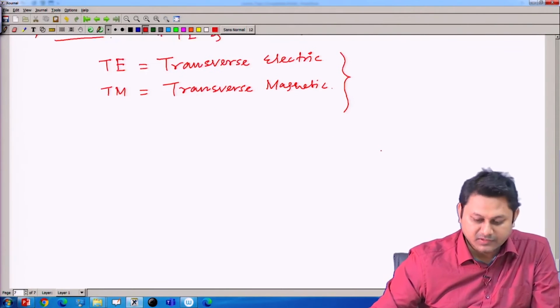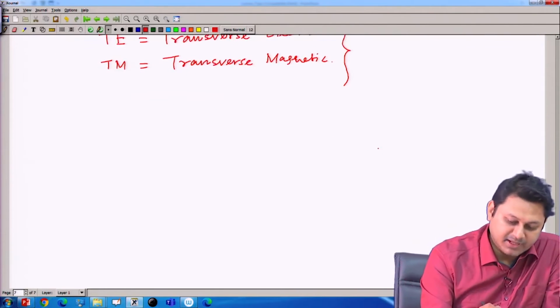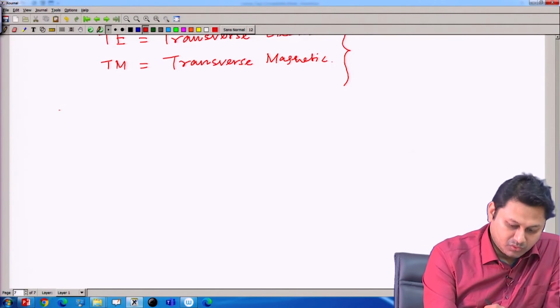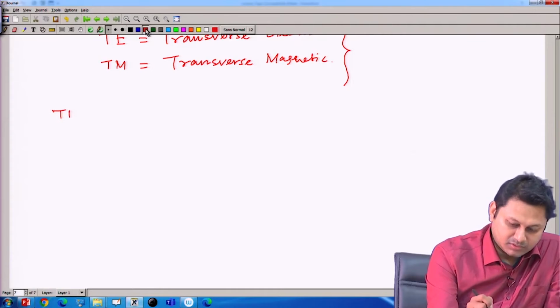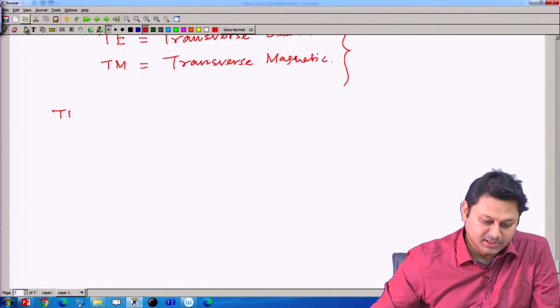So, what is the meaning of transverse electric mode and transverse magnetic mode? So, the TE mode, okay, let me change my ink color.